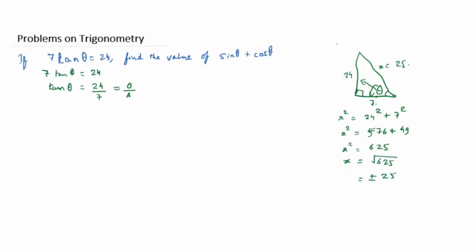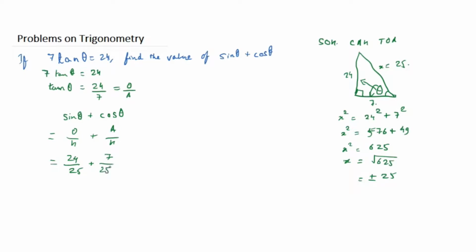Now we know the hypotenuse, the adjacent, and the opposite. So we need to find out the value of sine theta plus cos theta. Now sine theta will be, again, Sohcahtoa: sine is going to be the opposite over hypotenuse, cos is going to be adjacent over hypotenuse. I just plug in the values for each of these. So opposite is 24, hypotenuse is 25, plus adjacent is 7, and hypotenuse is again 25.